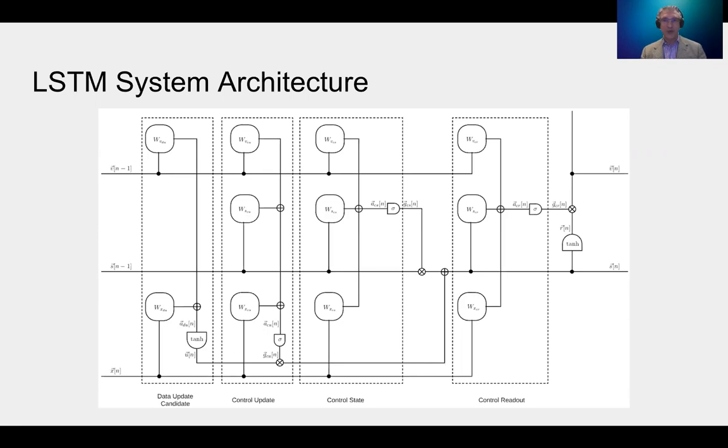And the control readout stage drives the control readout gate, which throttles the readout signal to produce the value signal V of n, which is stored so as to be used at the next step.